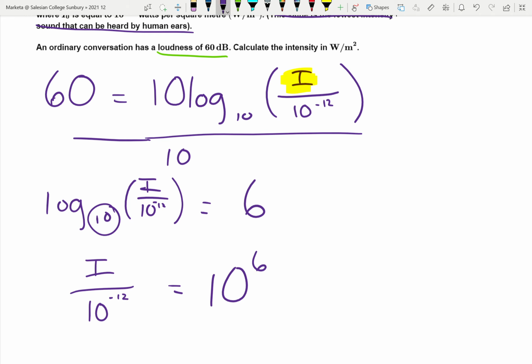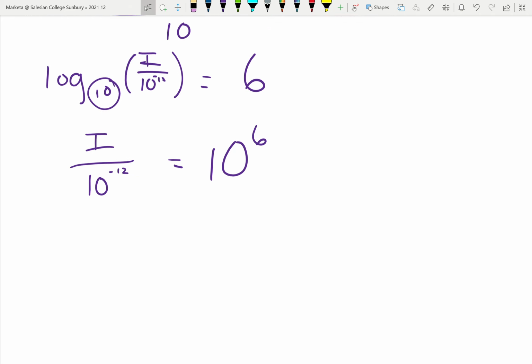And this 10 to the power of negative 12 in the denominator, well, this is I times 10 to the power of 12. So remember, if we move it from the denominator into the numerator, or vice versa, it will change its sign. So this is a negative in here, so by taking it out of the denominator, it means it's a positive 12 in the power.